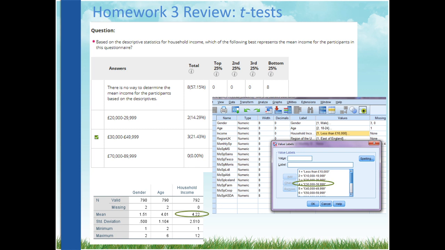So it can't just be the 30 to 39.99, because then it would just be 4. It has to be slightly above that. So the best range for the mean based on the data that's available is somewhere between 30 and roughly 50,000 pounds. So sometimes you have to go fishing for your answer, but there's always a way, based on the data that you're given, to answer those types of questions.